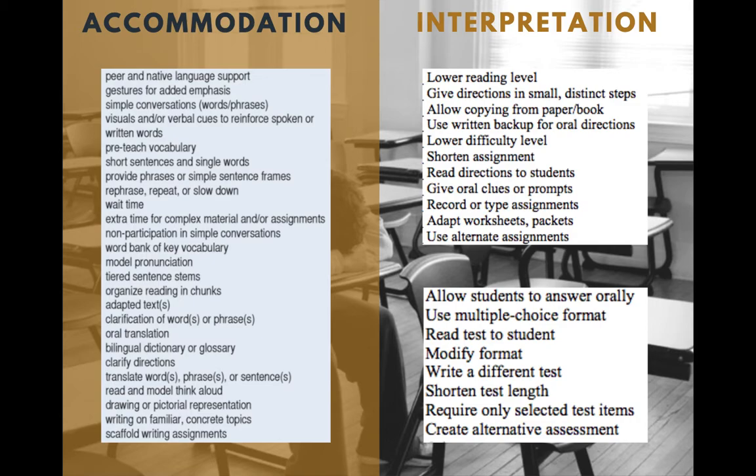Over here on the right, when I did a Google search on this, I found that this was a school district's interpretation of these accommodations, and they actually labeled this document as the TEA accommodations. But you'll see there is a huge difference between the two. A couple that really scare me. The first one, lower the reading level. When you communicate that to a teacher, that could be an acceptable accommodation at some point.